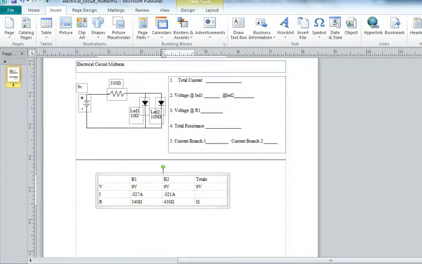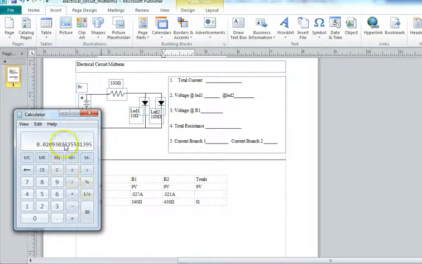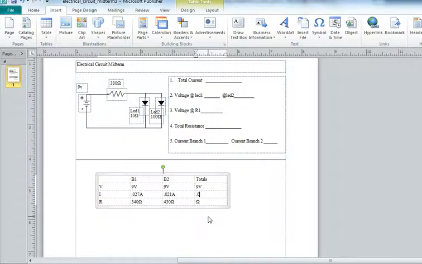So we take and we add this value plus 0.027. It's not exact, but it's close enough. 0.0479. So 0.048 will be fine. 0.048 amps.